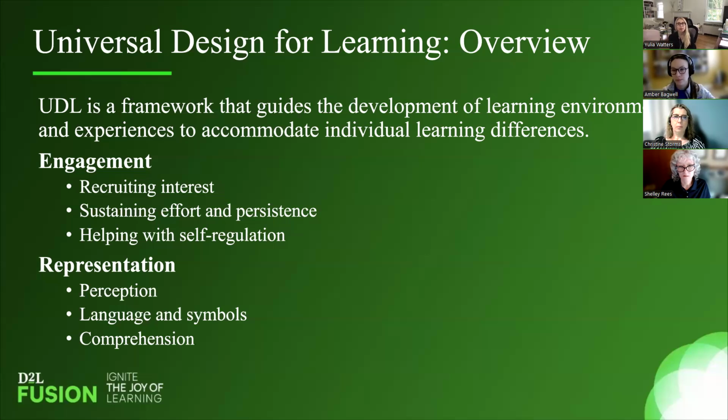The first point is to provide options for recruiting interest. Spark excitement and curiosity for learning. Because it is natural for learners to have different interests, it's important for the course content to provide numerous alternatives that will engage learners' cognition.